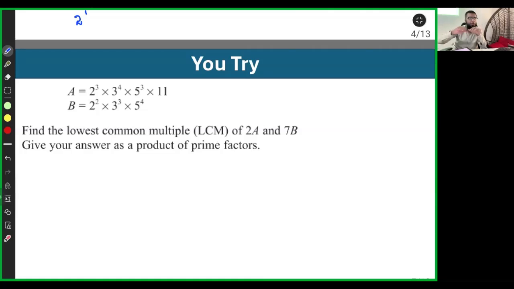Those who are done can write your answer, but do not press enter. Abdurrahman, very good. Just type your answer. Do not press enter.